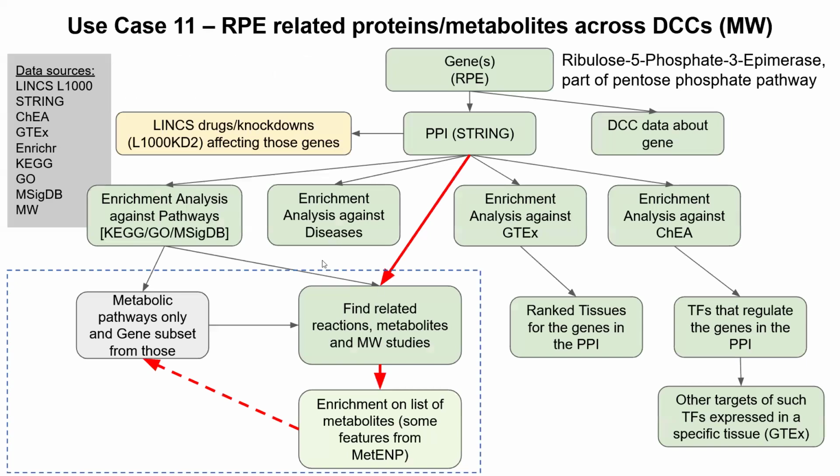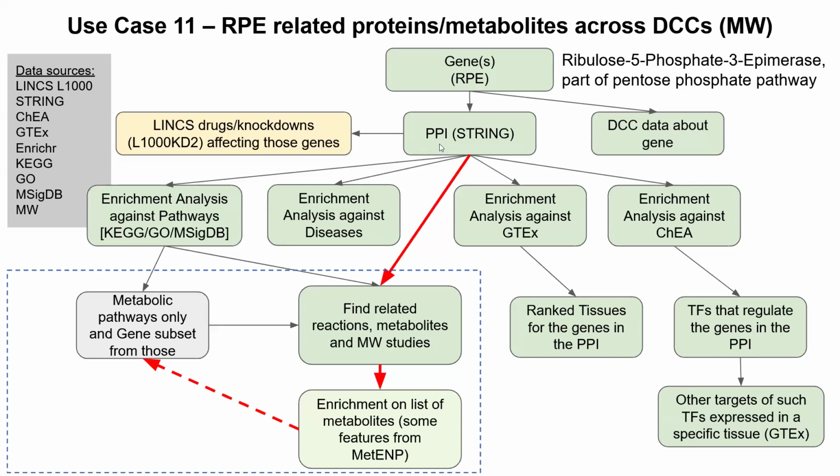So the use case that I'm going to demonstrate for the workflow builder tool is shown schematically in this workflow. We will start with the gene RP and find out what other proteins are interacting with the protein RP by using the STRING database.